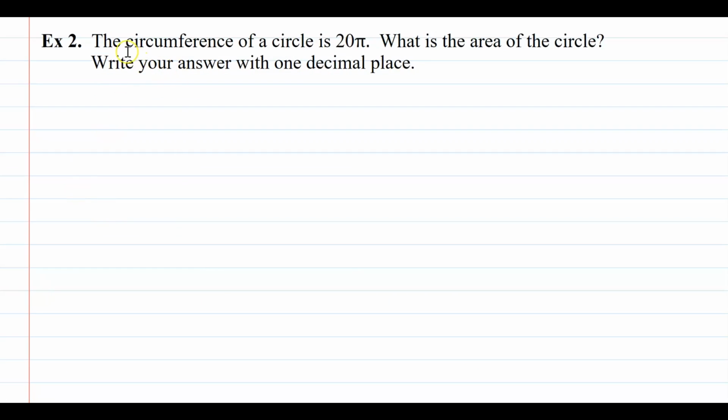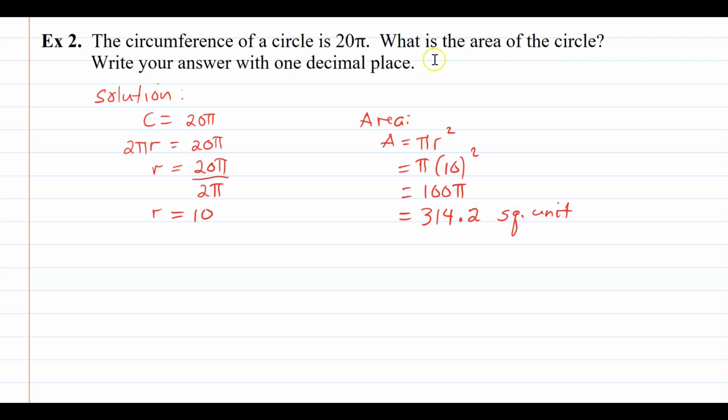For our second example, we have the circumference of a circle is 20 pi. What is the area of the circle? Write your answer with one decimal place. Now, because the question is asking for the area, we need to know the radius of the circle. And we can find the radius by using the given circumference. So we know that the circumference is 20 pi.